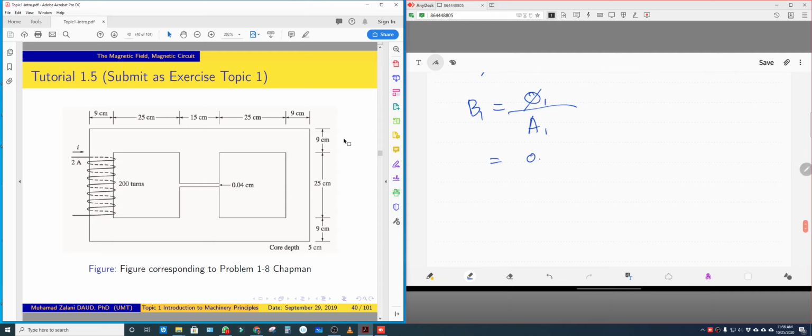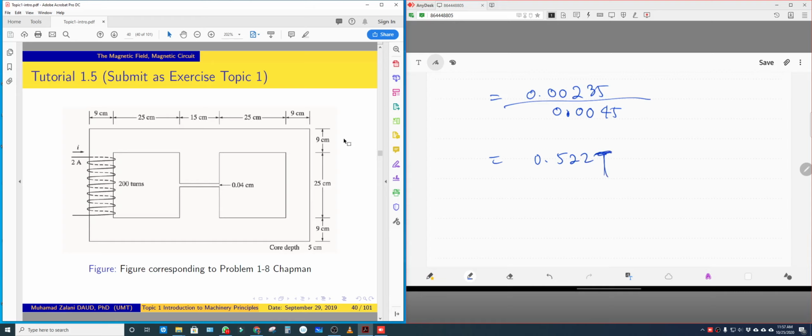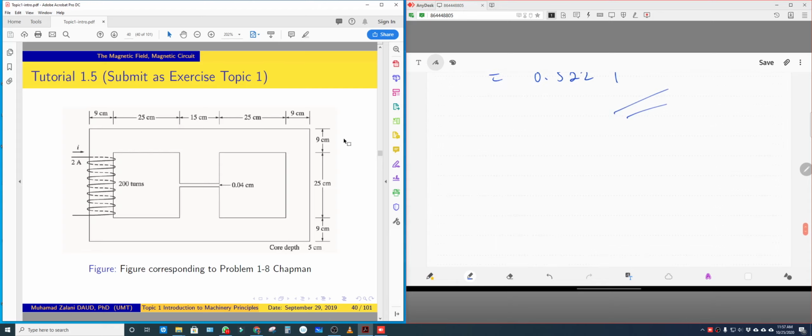So 0.00235 divided by 0.0045 is 0.522 Tesla. That is B1.